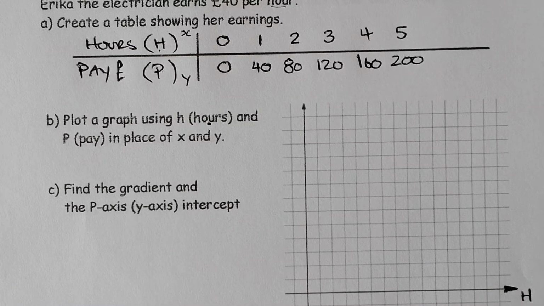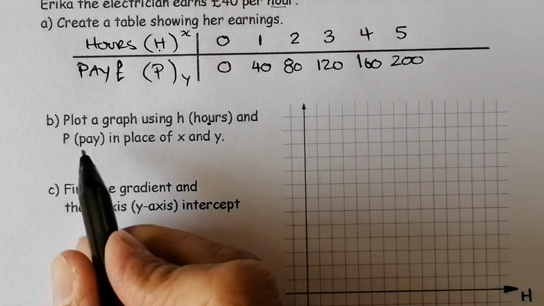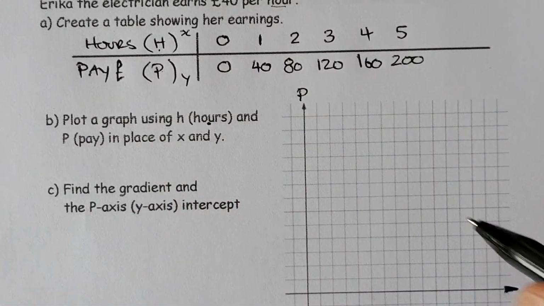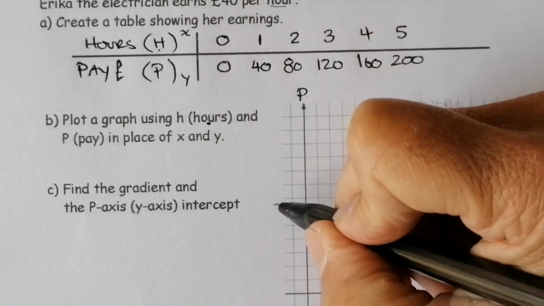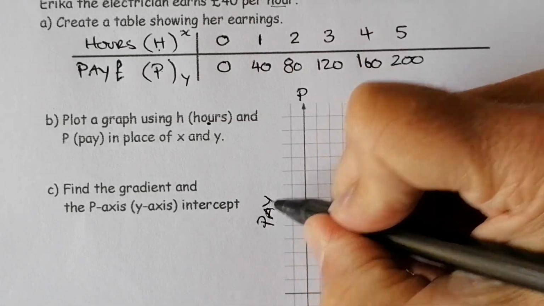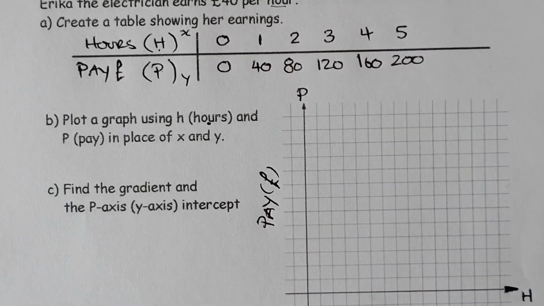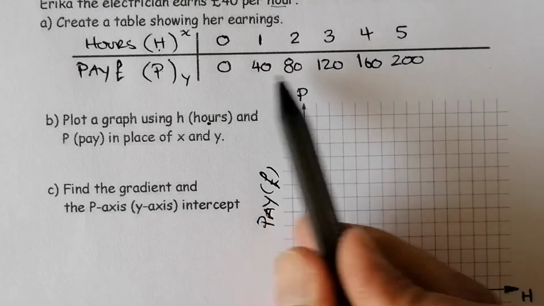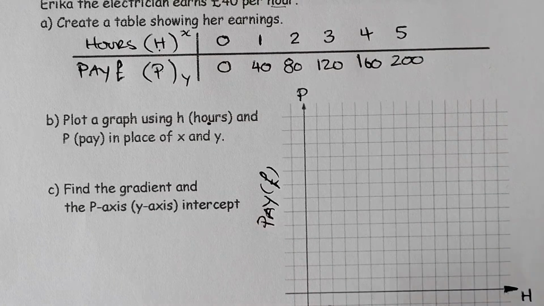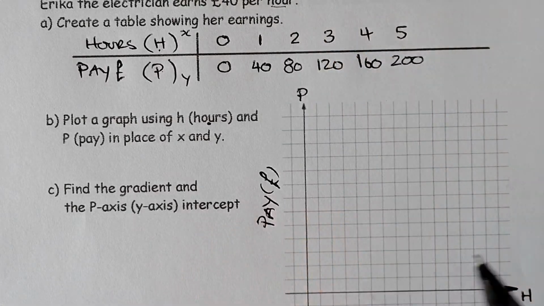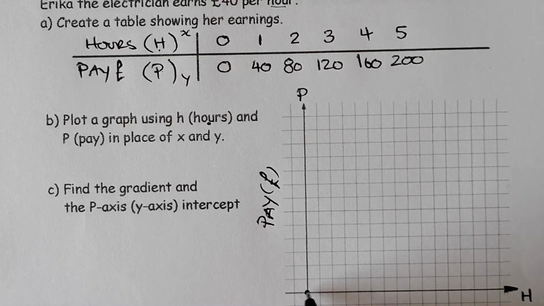Up and down, that's going to be the pay, so if I can call it, the P axis, and that's going to be in pounds. Let's set up this graph based on the numbers that I've got. Along the horizontal axis, I'm going to go 0, 1, 2, 3, 4, 5. I'm going to space it out a wee bit.